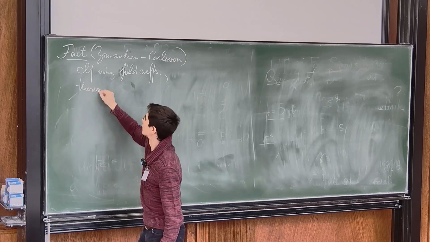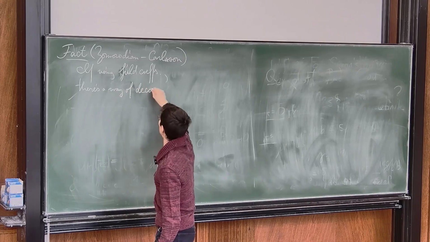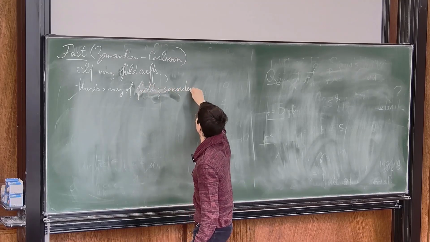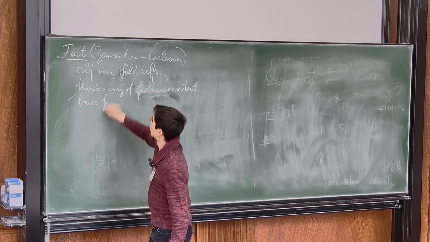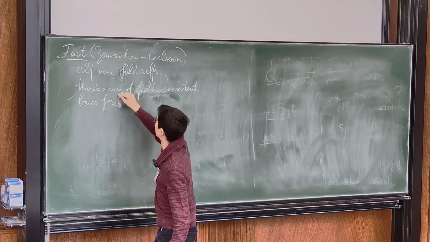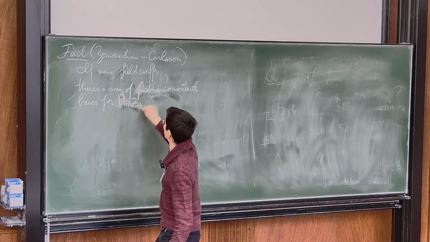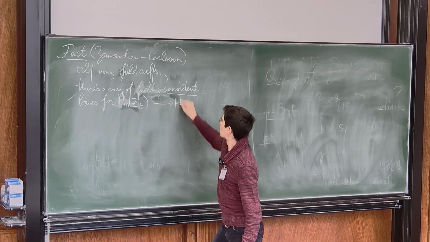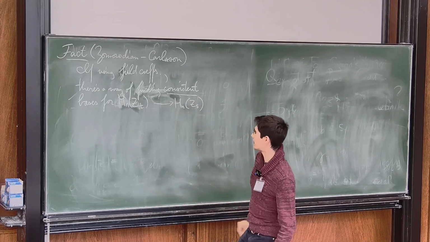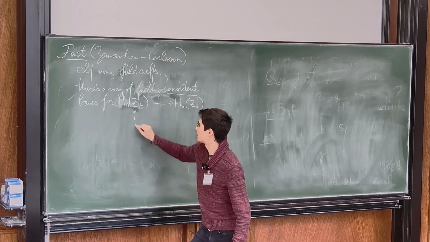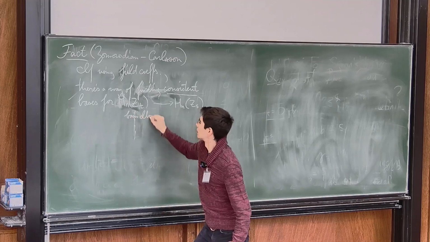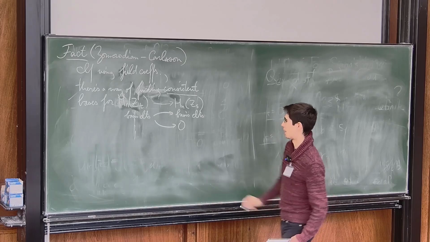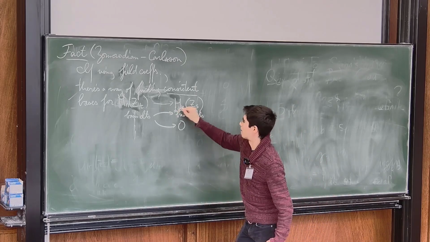There's a way of decomposing or finding consistent bases for the various H_n of Z_t, where what I mean by consistent is that when you go from H_n Z_t to H_n Z_s, all the basis elements either go to basis elements here or they disappear. And in fact, distinct basis elements go to distinct ones.